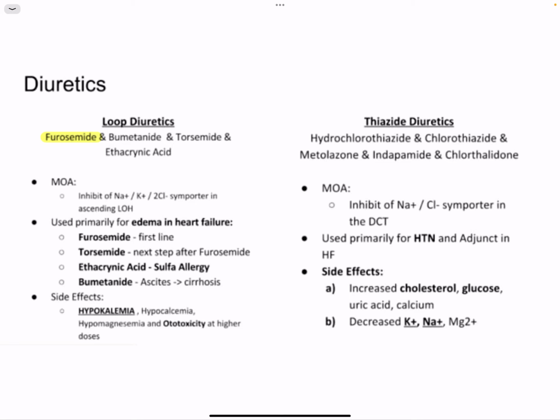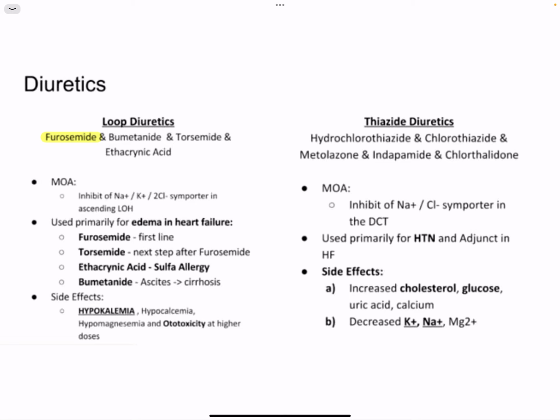Their mechanism of action is the same. They act on the loop of Henle and inhibit the reabsorption of water, sodium and chloride. Ethacrynic acid is different chemically. The structure of ethacrynic acid is different.